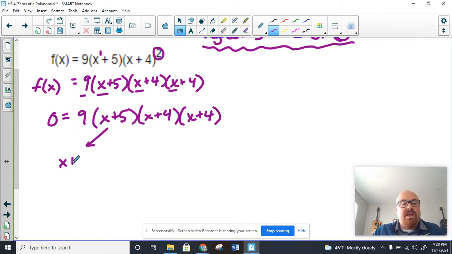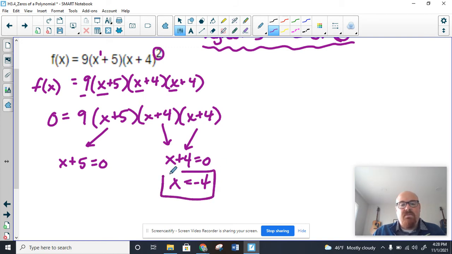But we would say that x plus 5 equals 0. And we would say here, x plus 4 equals 0. I'm not going to write that twice. It'd be the exact same statement. I'm just going to identify the fact that when I solve this one, that negative 4 has even multiplicity, okay? Because there are 2 of these factors.